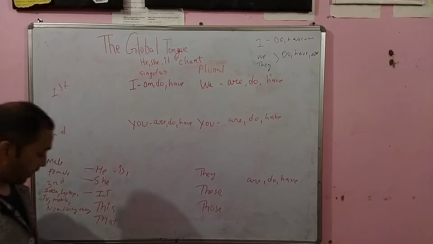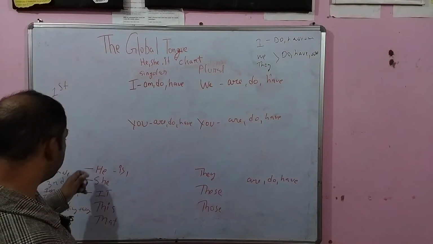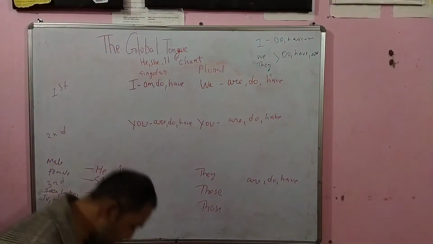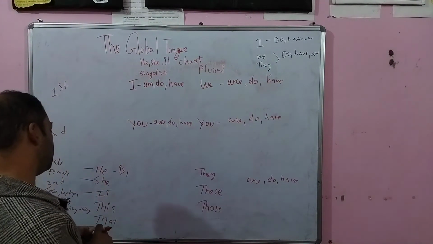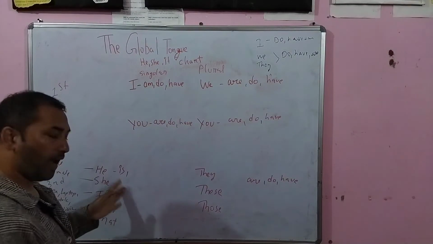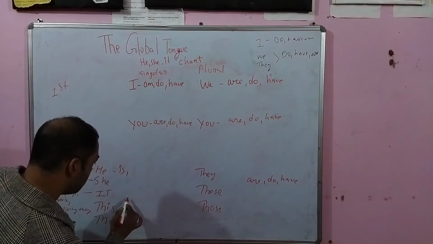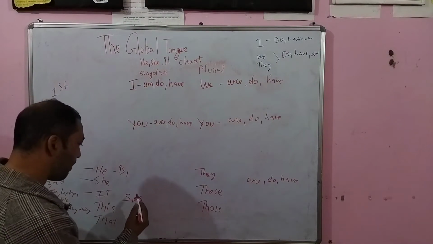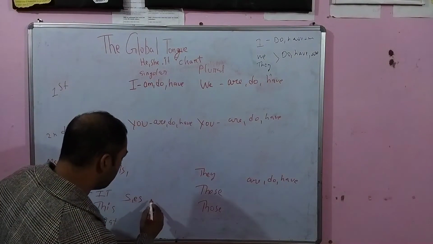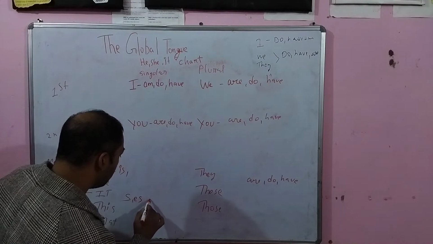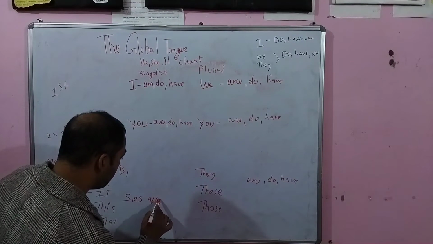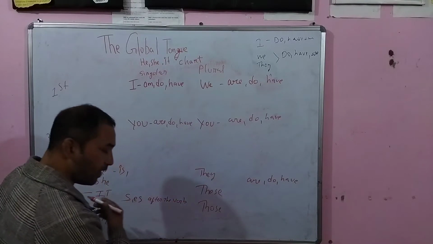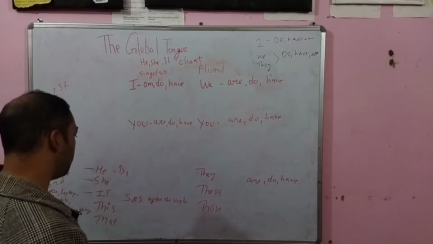All right. So the rule says, whenever we use he, she, or it, we have to use s and es right after the verb. S and es after the verb in any case, guys. All right.